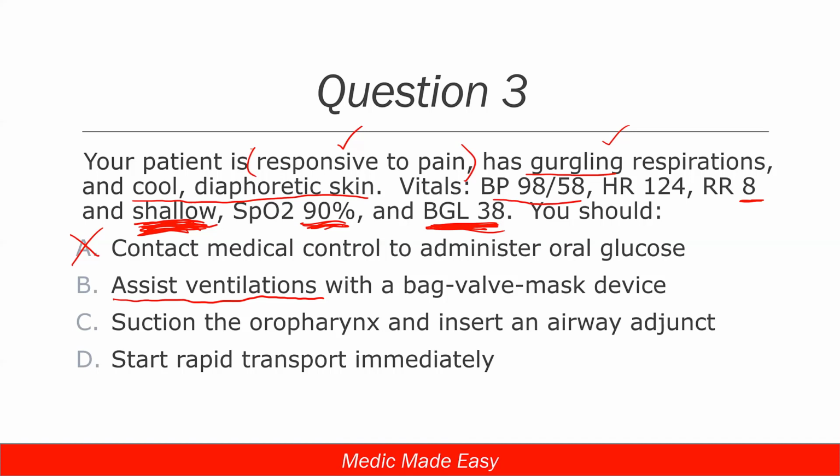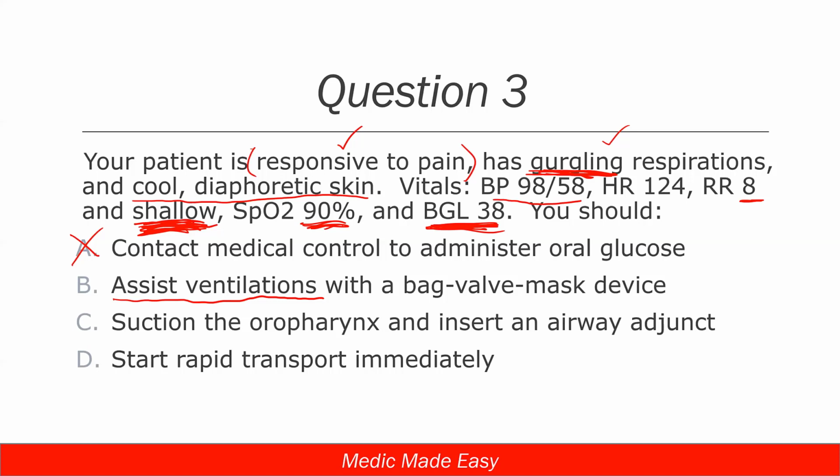C, suction the oropharynx and insert an airway adjunct. Okay. Gurgling, that magic word of gurgling, says we've got something in the airway. We've got some sort of secretions, fluid, vomit, blood. We don't know what it is yet until we take a look inside and see. But gurgling is telling us we've got secretions, fluid, vomit, we've got something up there.